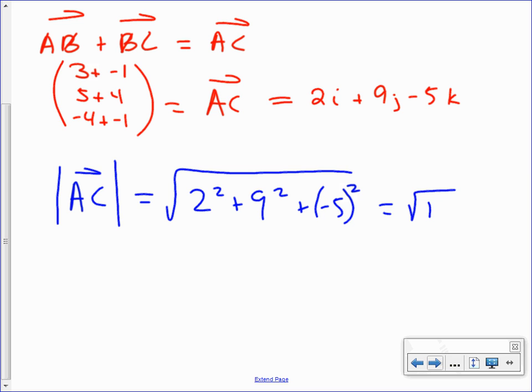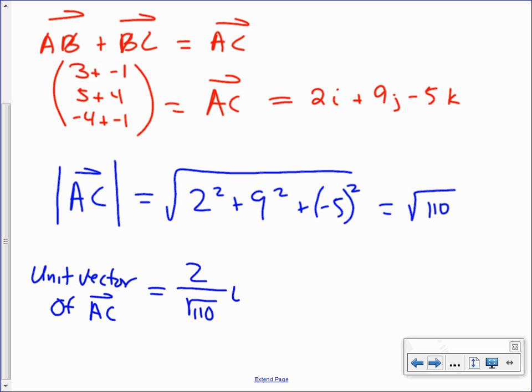So the unit vector of AC is going to be 2 over root 110 i plus 9 over root 110 j minus 5 over root 110 k.